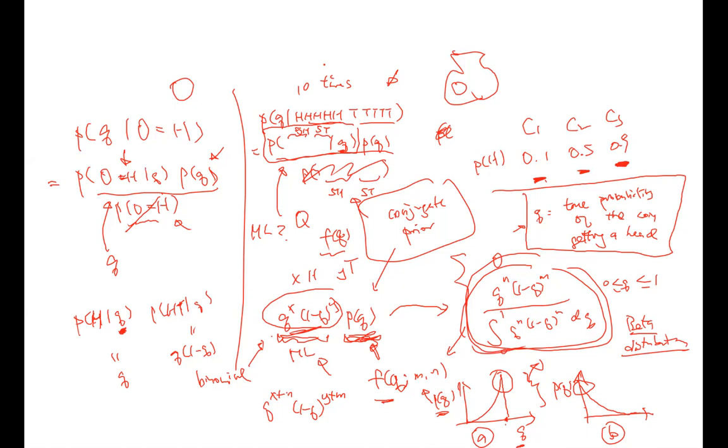Think of coin tossing, or any event that is binary. If you do it multiple times, you want to see how many times you fail and how many times you succeed, and all of that is described by the binomial distribution.